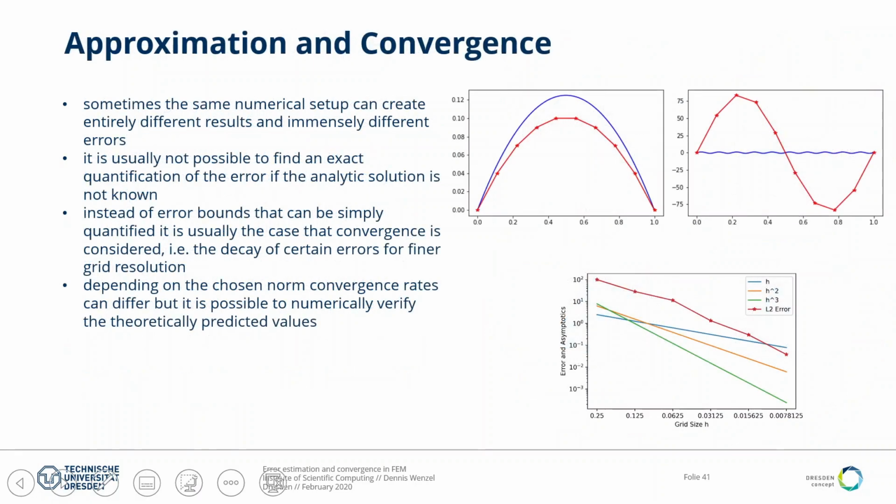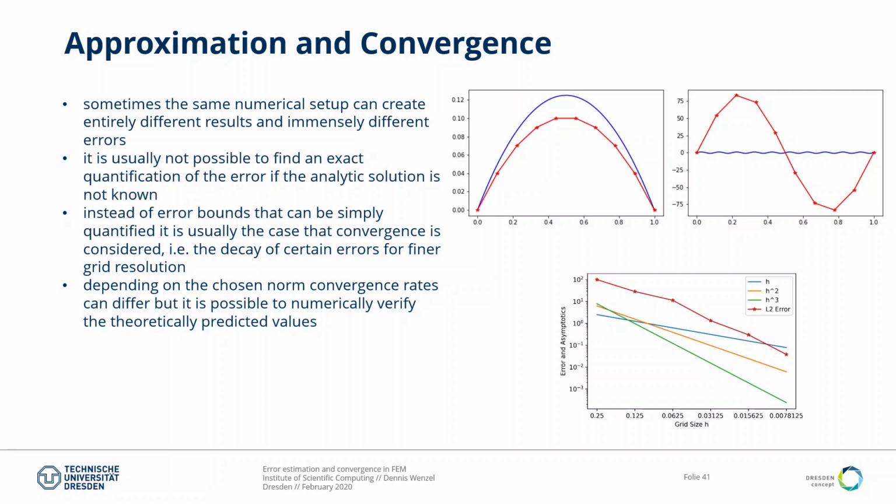And then the last part today was to talk about approximation and convergence. So we have seen in the beginning that the same numerical setup can create immensely different results, some of which are pretty good and some of which were plain and simple terrible. And it's usually not possible to find an exact quantification of the error because the analytic solution is just not known.